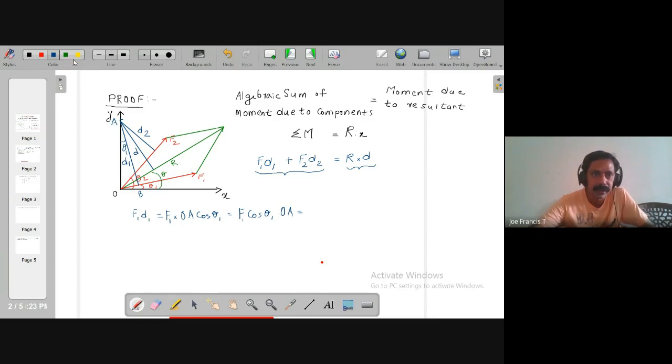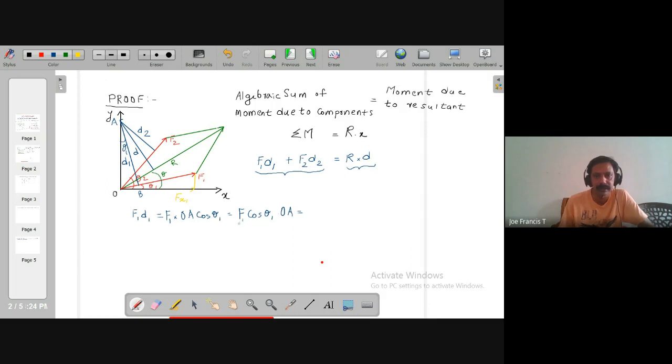I'll use a different color. Maybe if you draw a perpendicular here from F1 all the way down, this term is Fx1. The component of the force F1 along x direction. So I can write this as Fx1. That is nothing but F1 cos θ1.